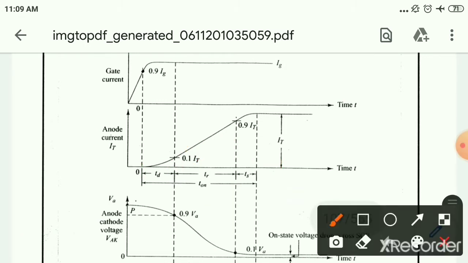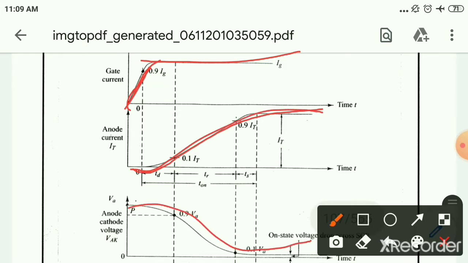See here, initially the gate current is gradually rising. Once your gate receives the required amount of gate pulse, the current starts flowing through the anode.